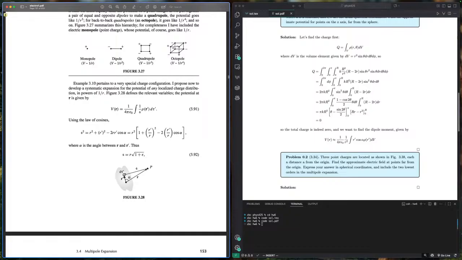So we can visualize that as r prime squared over r, and then we just take the 1 over r term outside the integral. And then we plug in, what do we plug in?